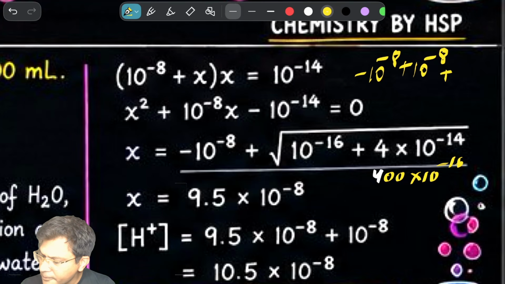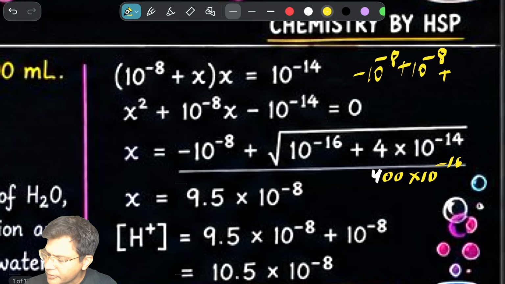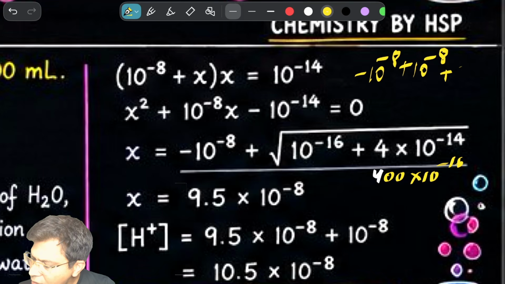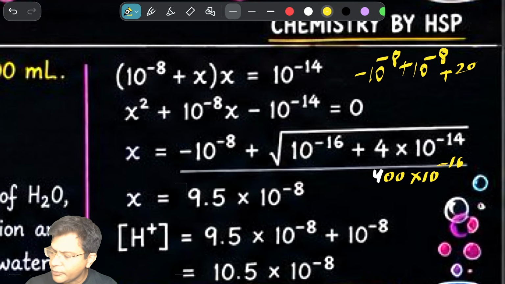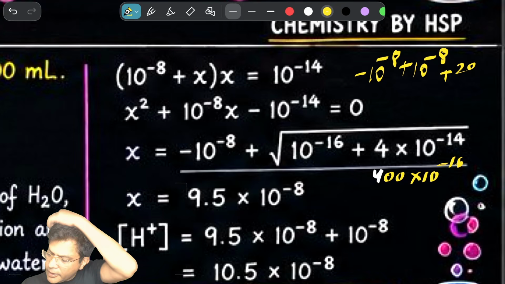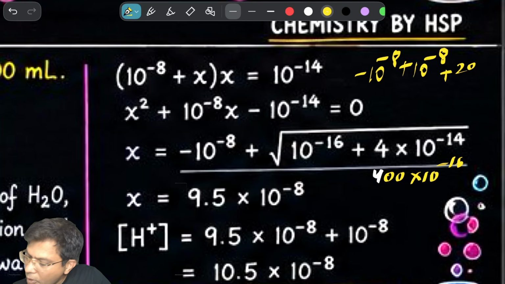And you see, this is the square root and this is outside, and they are in the plus. Now, 400, the square root of 400 is 20. So, upon 2, upon 2.